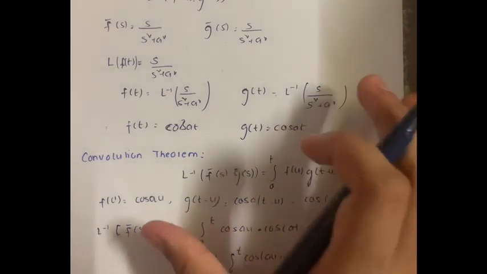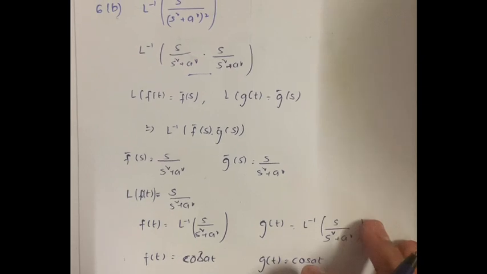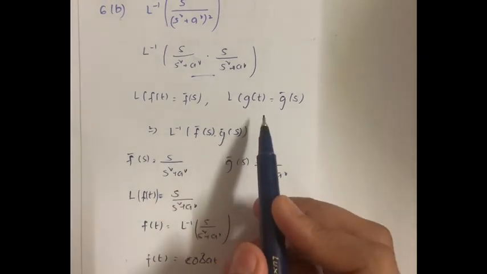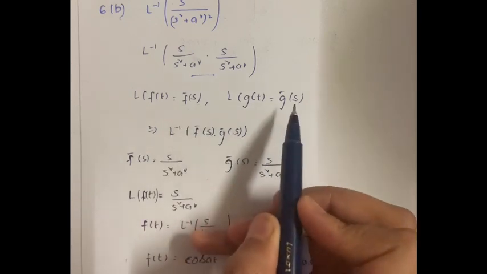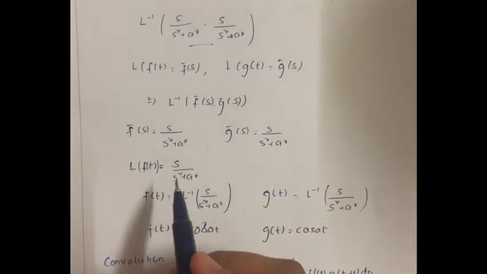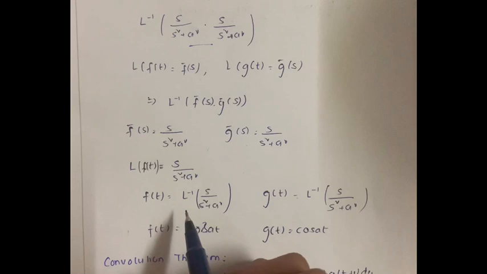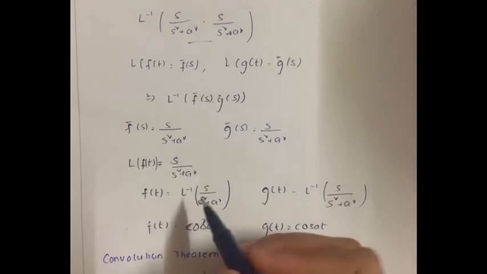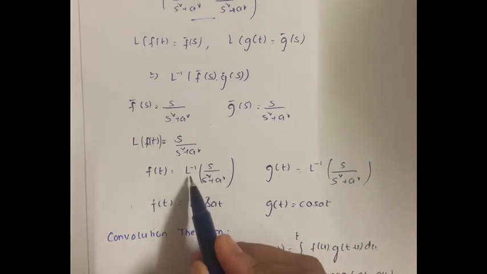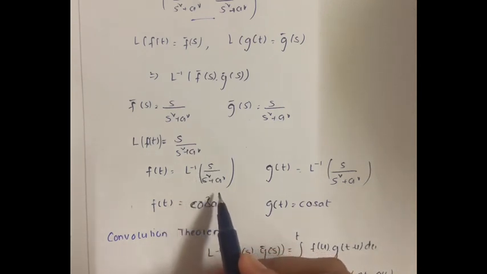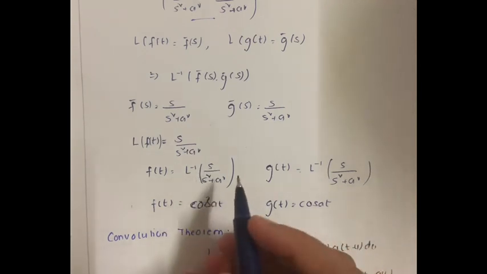Now, as per the theorem, we need to find f of t and g of t values in order to substitute. As we know F bar of s and G bar of s, f of t and g of t can be found using inverse Laplace of F bar of s and G bar of s. So, applying inverse Laplace, s by (s square plus a square) is equal to cos at.